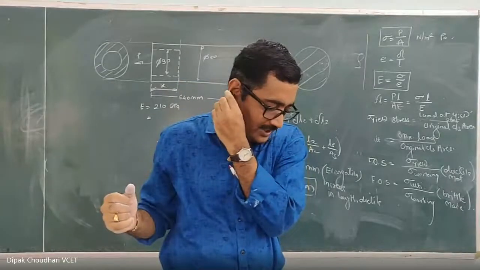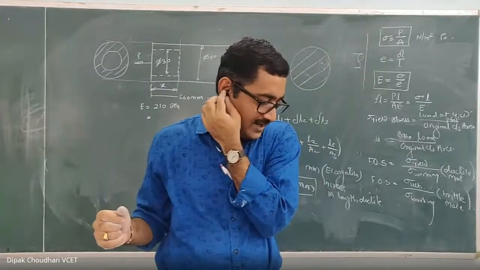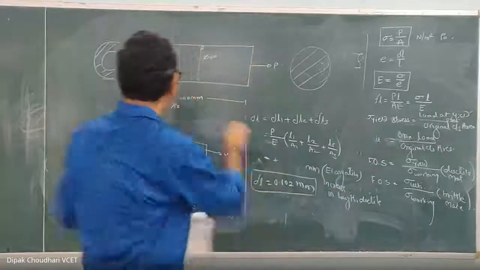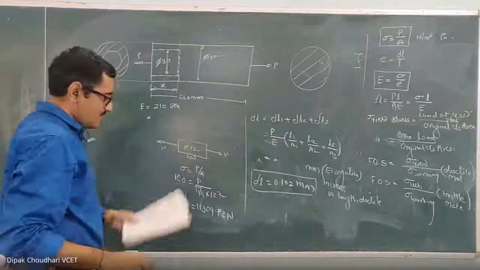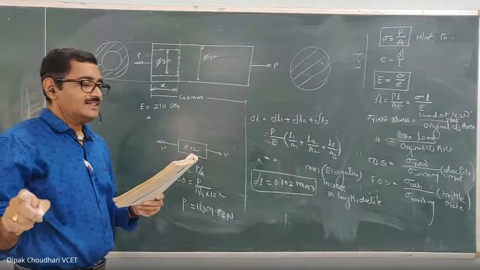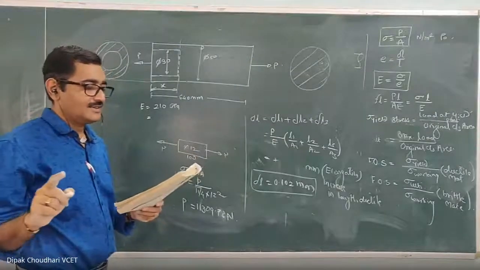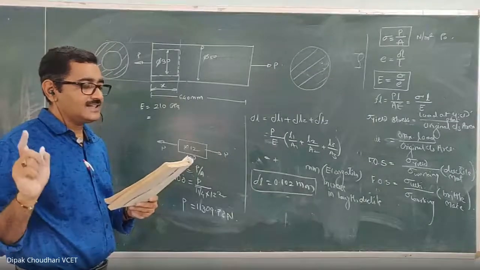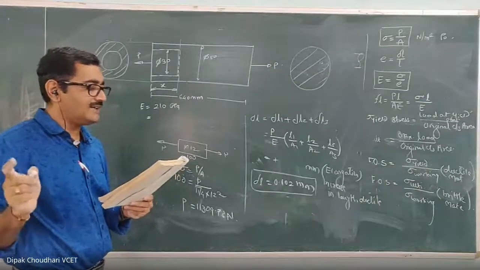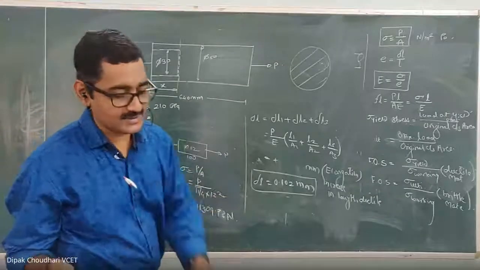What do you have to find out? This hole is drilled internally. You have to find the length of the hole such that the extension of the hollow part of the bar is equal to the extension of the solid part when axially loaded by a tensile force.